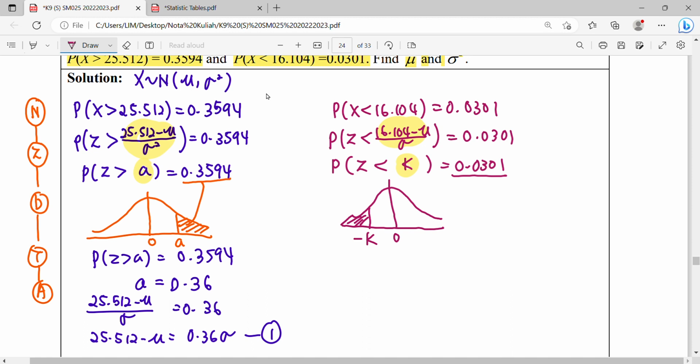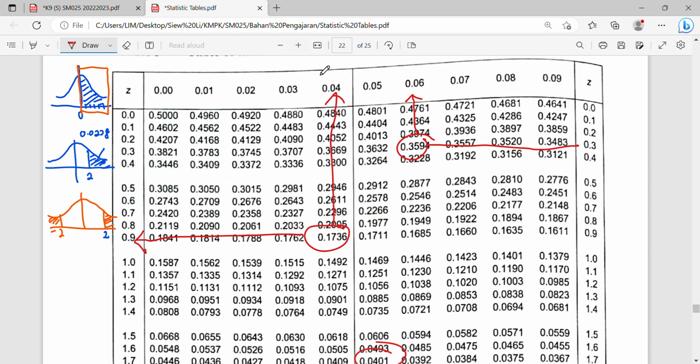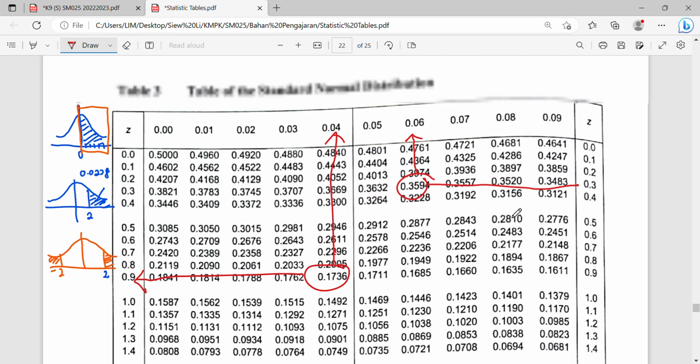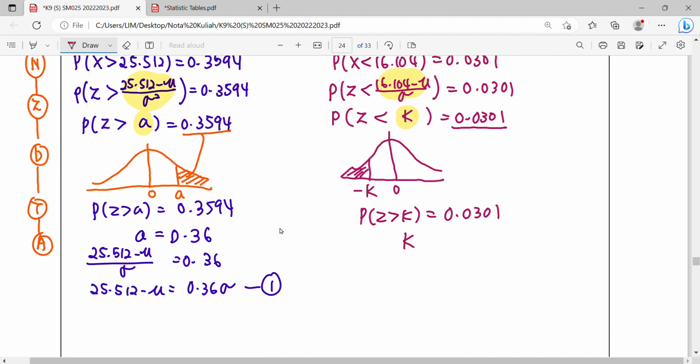Alright, so how are we going to read from the table? By the table concept, the tail of K can get 0.0301. We read the negative tail as positive. So the positive tail reading is an area of 0.0301, so we look for 0.0301. Oh, this one, 1.88. So K is negative 1.88, negative because it falls on the left negative side. So the reading we read has to be converted back to negative.